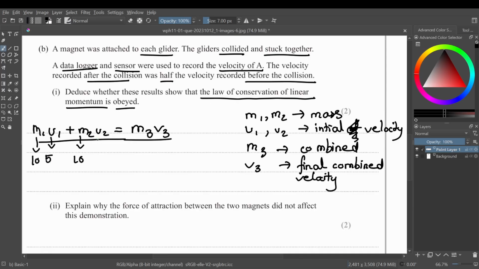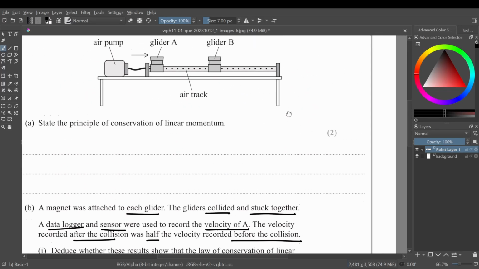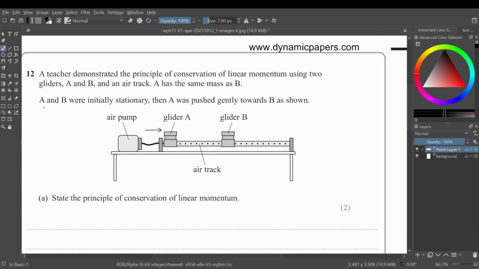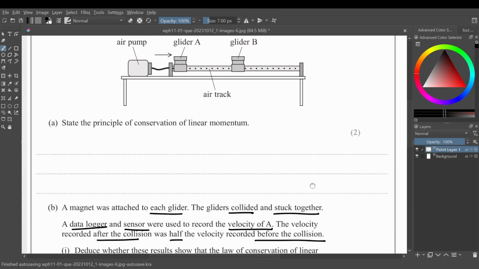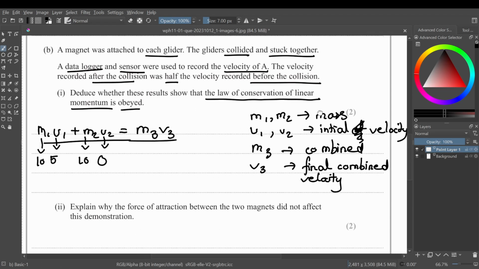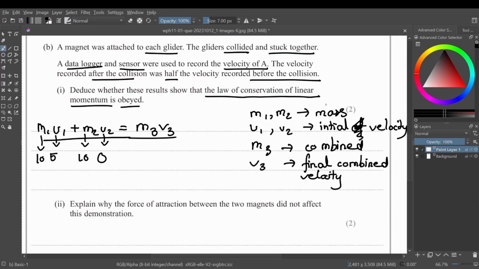And as you know, the initial velocity of B was 0, as stated above: A and B were initially stationary and then A was pushed gently towards glider B. So here only A is moving. Once you multiply 10 with 5, it becomes 50, and then 10 with 0 is 0. When you add them up, the final answer is 50.